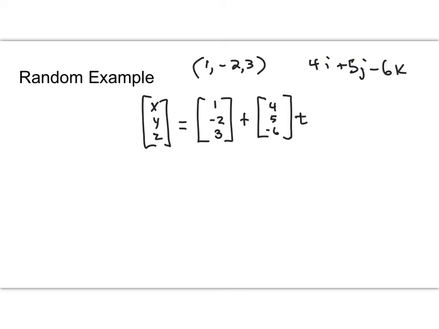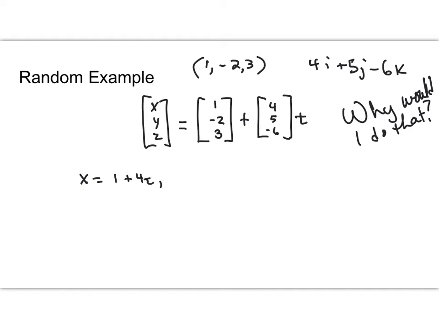All right, so that is the vector equation. Well, let's find the parametric equations. x equals 1 plus 4t, y equals -2 plus 5t, and z equals 3 minus 6t. Done. Check. It's time to move on to a harder example.